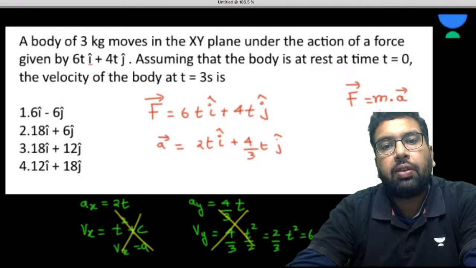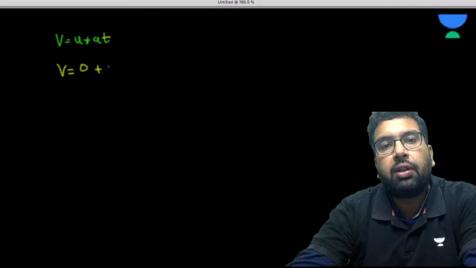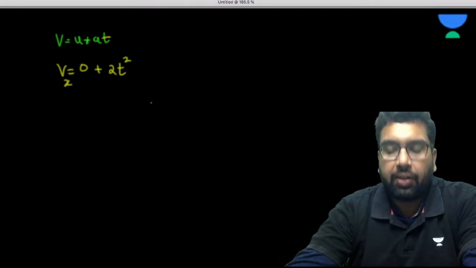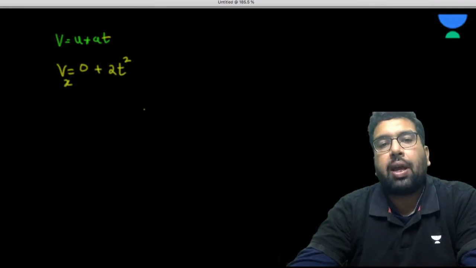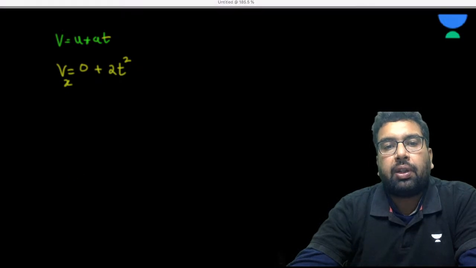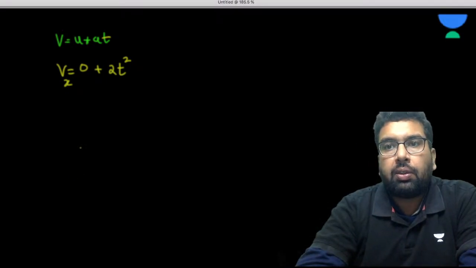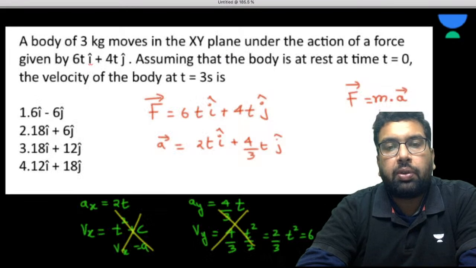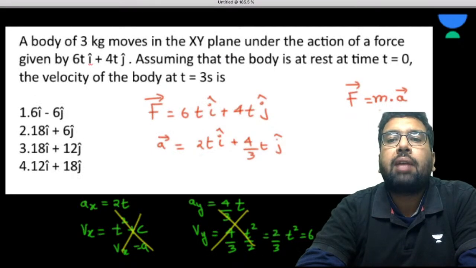What is the acceleration? Acceleration in the x direction is 2t. So this will be your acceleration in x direction. It will be 2t square, right? Just one thing I missed here. This was a good question. Assuming that the body is at rest at time t equal to 0, the initial velocity is 0.